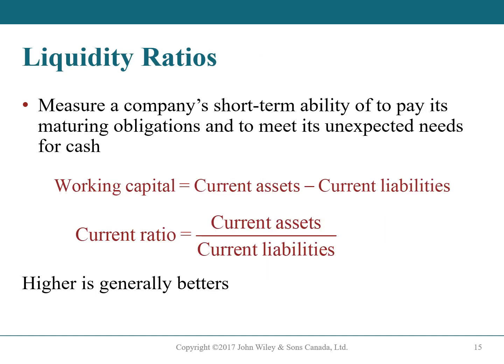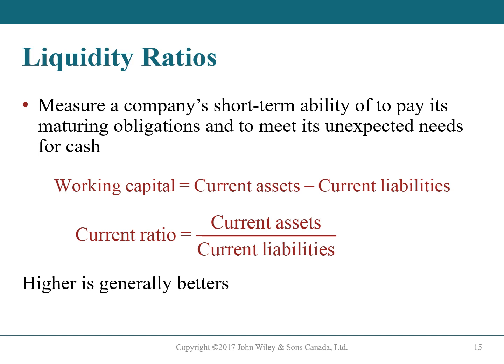Liquidity ratios. You would use liquidity ratios to look closely at the relationship of a company's current assets to its current liabilities. Liquidity ratios measure a company's short-term ability to pay its maturing obligations and to meet unexpected needs for cash.